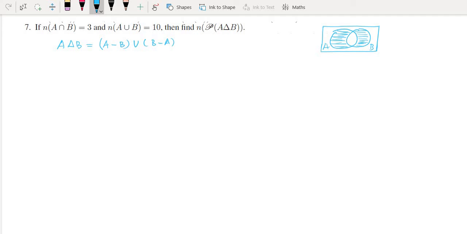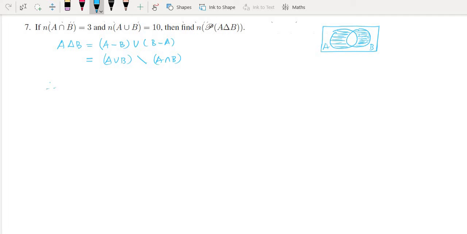So if I take the union of these two sets, the region I shaded here is nothing but A symmetric difference B, and I can rewrite this as A union B set difference A intersection B. So we have to omit all those elements of the intersection from their union, which will give us A symmetric difference B.